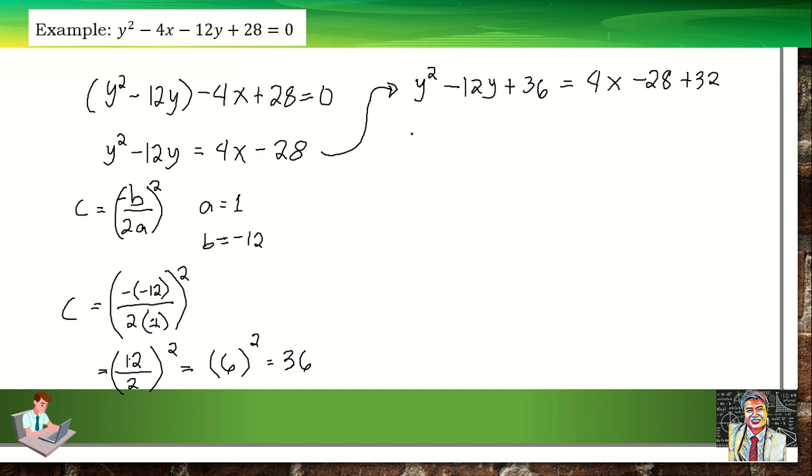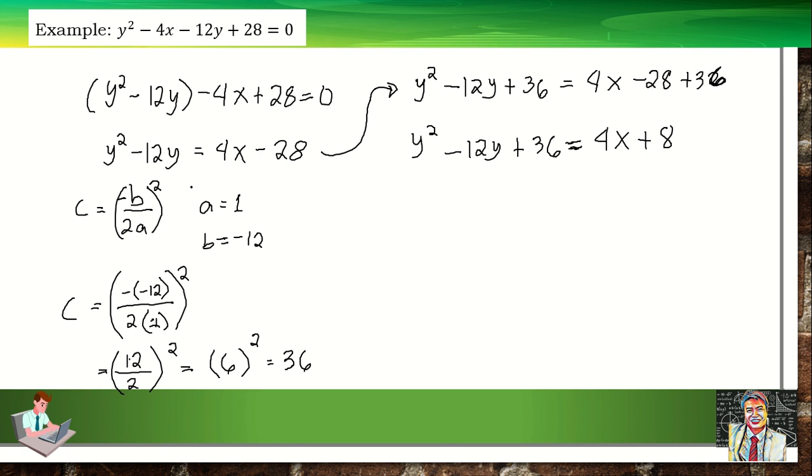That will become y squared minus 12y plus 36 is equal to 4x negative 28 plus 32. That will become positive 32. Sorry, that is 36. 36 nga pala ang c natin. So, that will become 8.